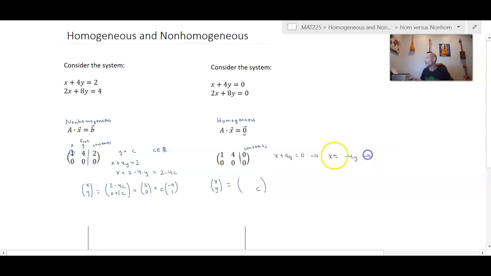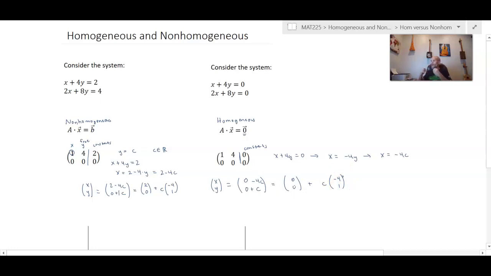Since y is set to be some constant c, this means x is negative 4c. Now the key here is that notice that both of these constants are 0. And so if we wrote this as two separate vectors, we would get 0, 0 plus c times the negative 4, 1 vector.